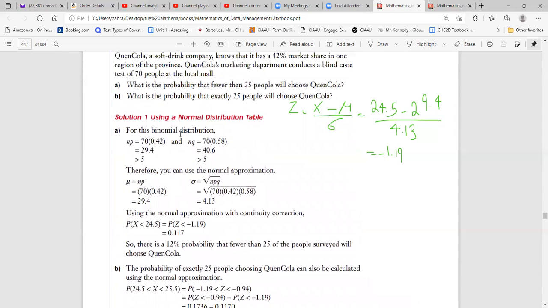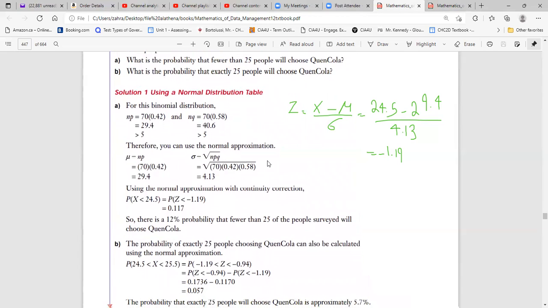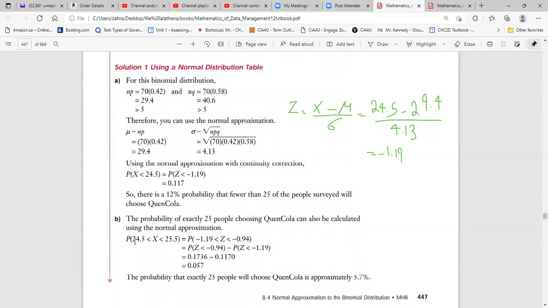B, what is the probability that exactly 25 people will be chosen? When you say 25 people, it means 25 is between 24.5 and 25.5. So we convert both of these numbers to Z scores.